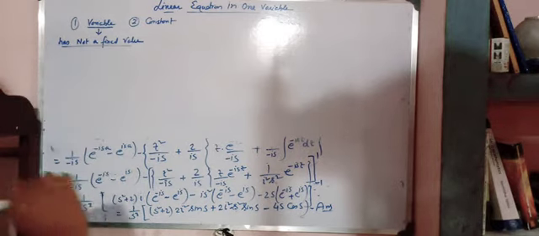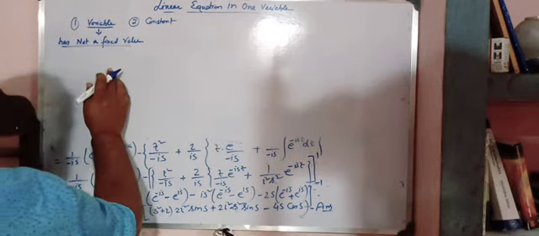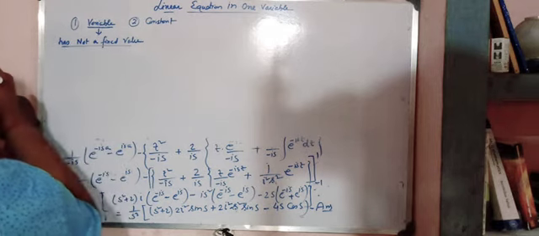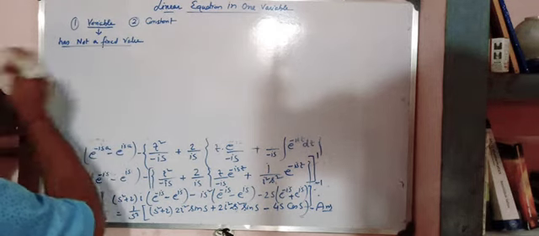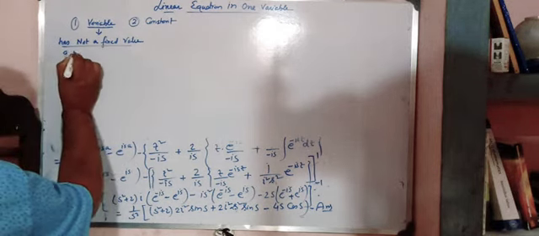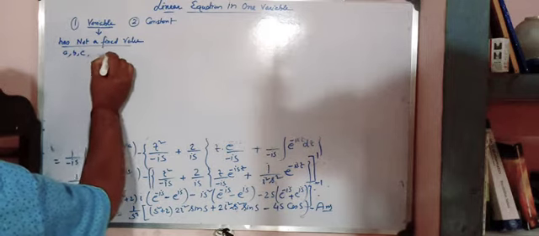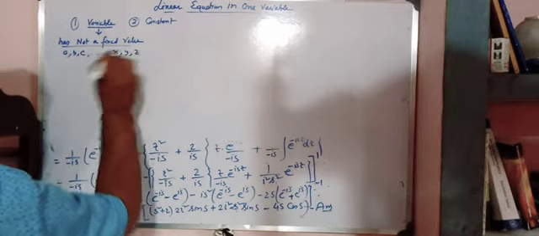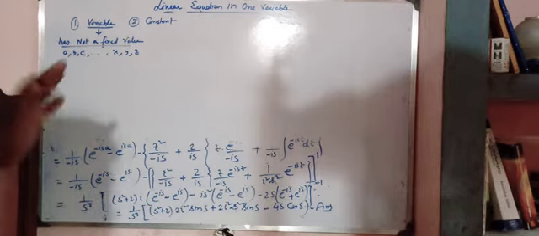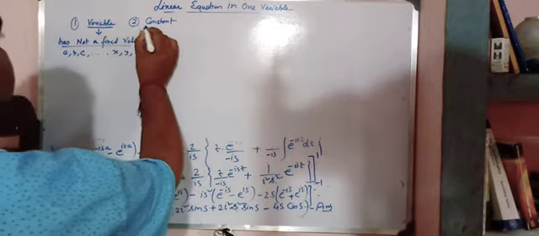That is called a variable, and generally we denote it by any alphabetical letter, that is A, B, C, X, Y, Z. Okay.